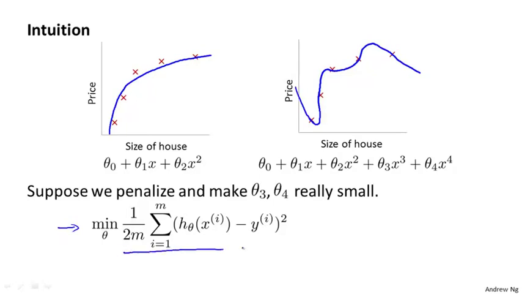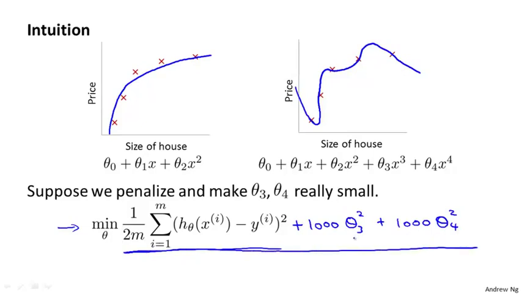Let's say I take this objective and modify it, adding 1000 theta3 squared plus 1000 theta4 squared. 1000 I'm just writing down as some huge number. Now, if we were to minimize this function, the only way to make this new cost function small is if theta3 and theta4 are small, right? Because otherwise, if you have 1000 times theta3 squared, this new cost function is going to be big.